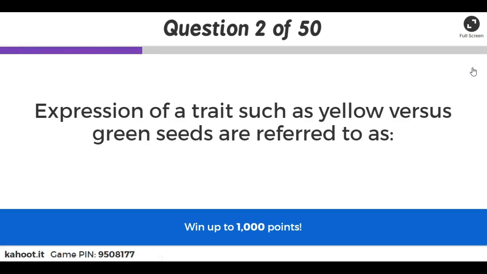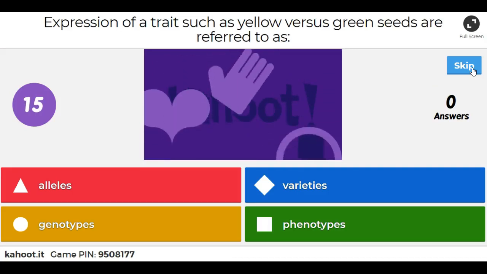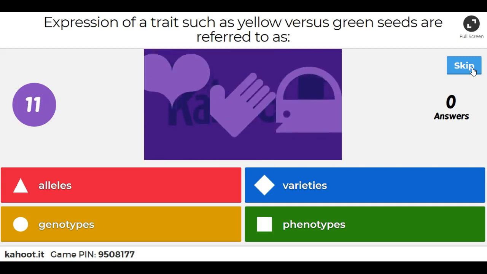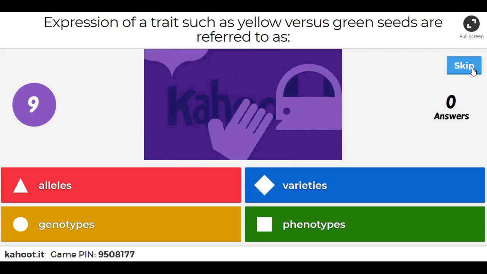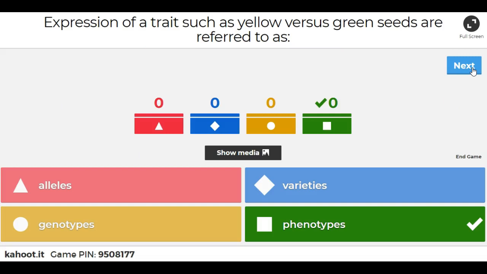Expression of a trait such as yellow versus green seeds are referred to as phenotypes. So phenotypes are the expression of traits.